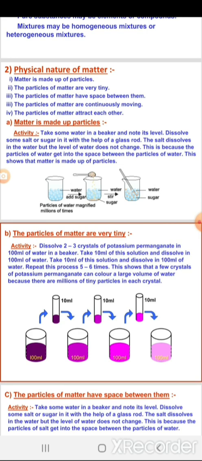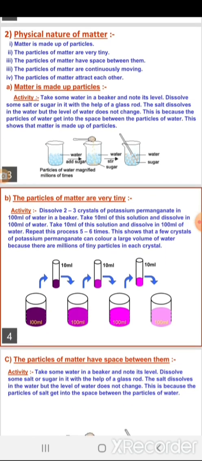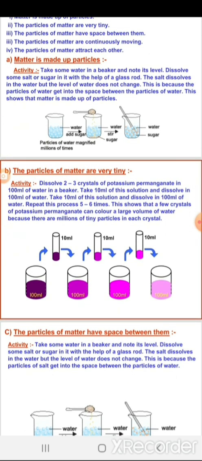Now, matter is made up of particles. Let's understand this with the help of an activity. In this activity, let's take one beaker. In that, take some water and measure its level. Now, take 1 teaspoon and dissolve some salt or sugar in it with the help of a glass rod.